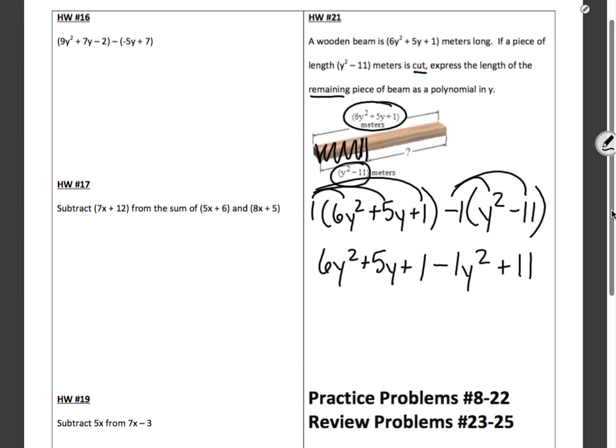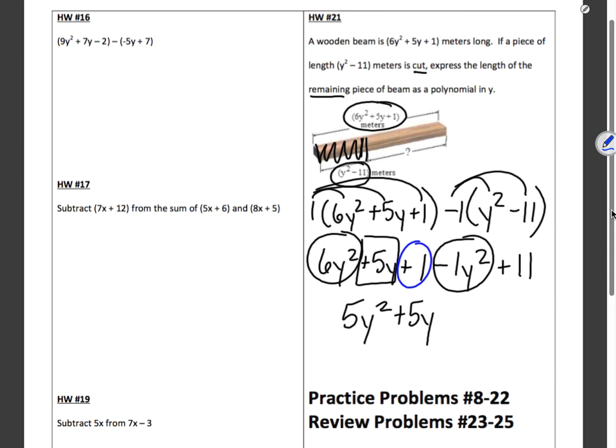Then I'll find my like terms. 6y squared minus 1y squared is 5y squared. There's nothing that's like the 5y, so I'm just going to drop it down. And then I've got positive 1 and positive 11, which makes positive 12. So this expression is simplified because there are not any other like terms.